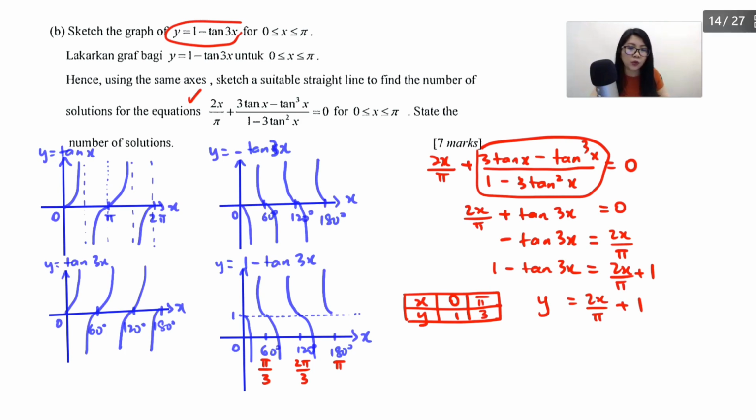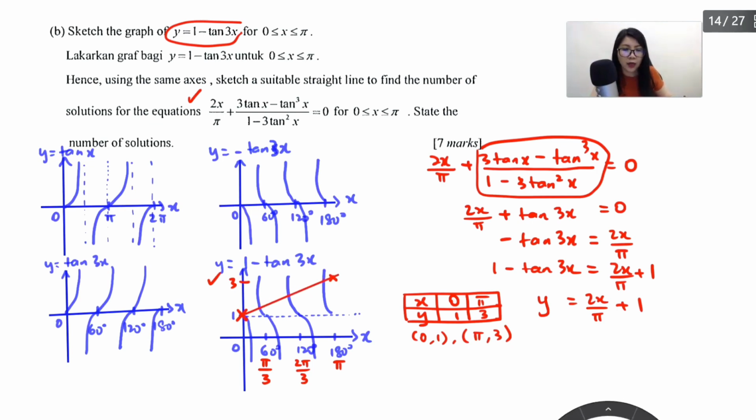Okay, so we have these 2 coordinates already, which are 0, 1, and also pi, 3. Okay, so we are going to plot it on this graph. So 0, 1 is over here. And then pi, 3, so pi is 180. Then 3, let's say it's somewhere over here, so it's here. Okay, after that, we join them with a straight line. So here, we join to here.